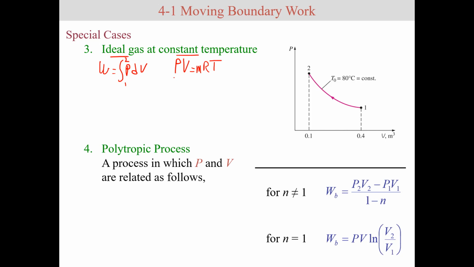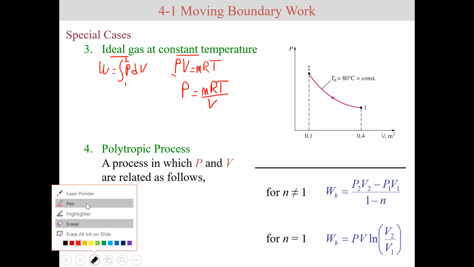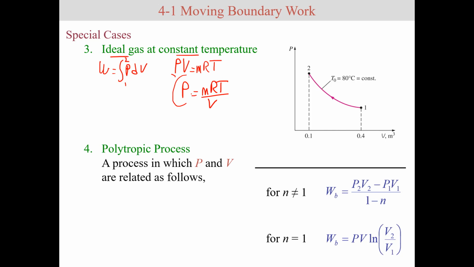What I meant to say is I'm going to get pressure as a functional form of volume. So if I take the ideal gas law and bring volume to the other side, I get pressure is equal to mRT over volume. Let me go ahead and delete. So I'm going to take my pressure and substitute it into my work.